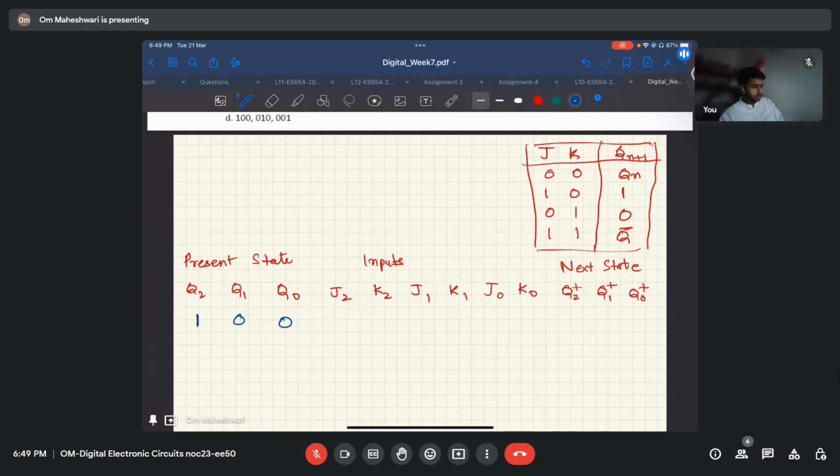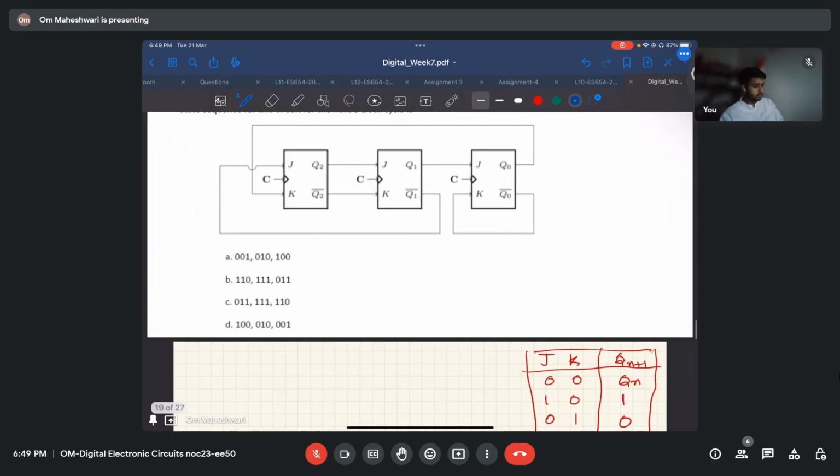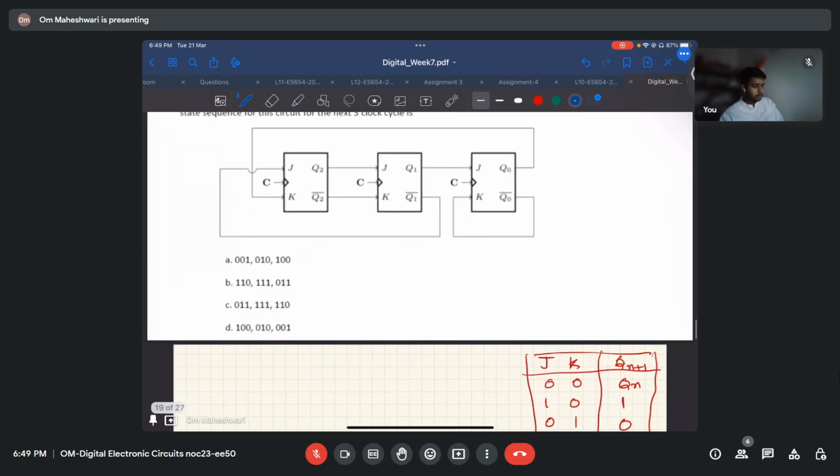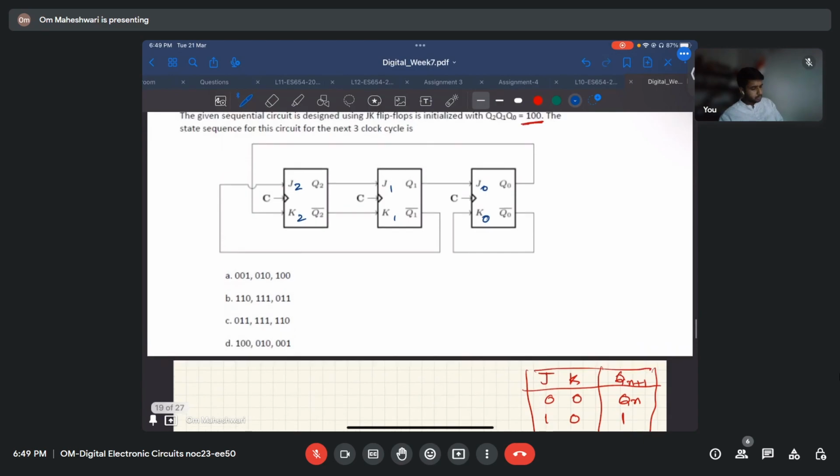And if you know the characteristic equation, you don't need to know actually. Okay, so we can write here J2 K2, J1 K1, J0 K0.